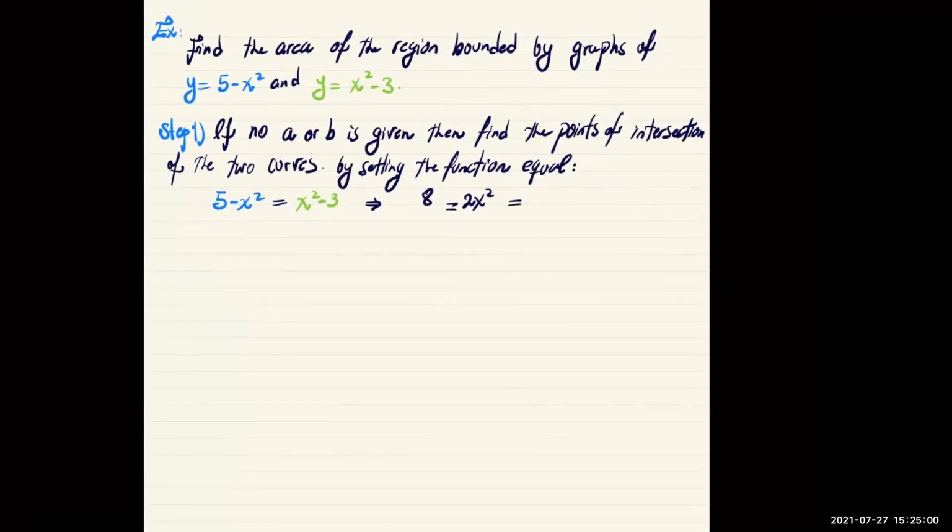That gives you x squared equals 4, which solves to x equal to plus or minus 2. We expected to get two solutions because we have an a and a b.